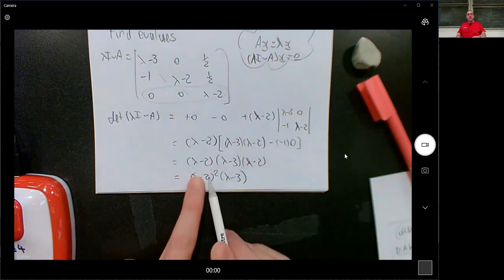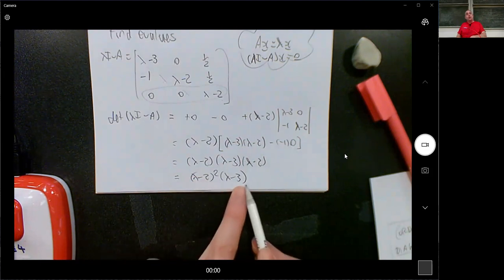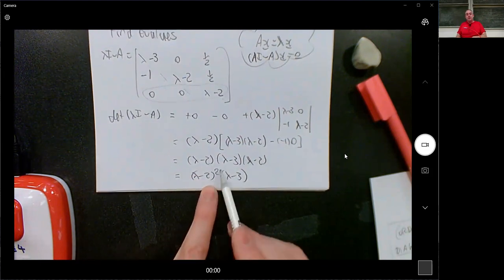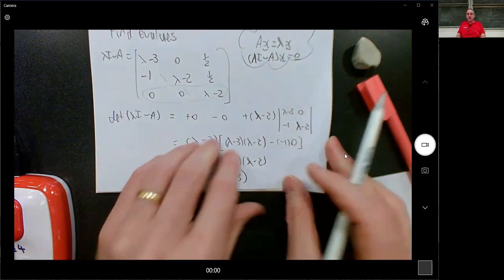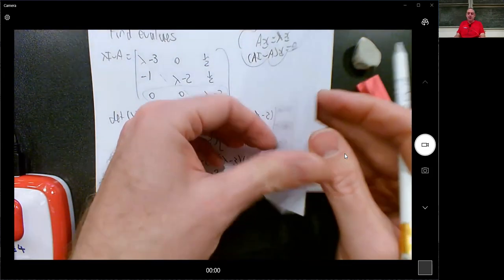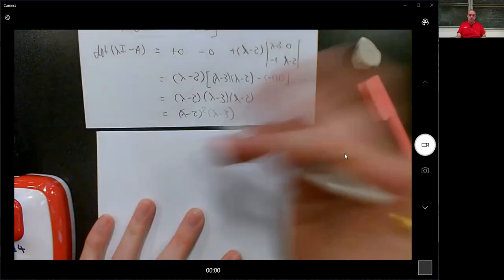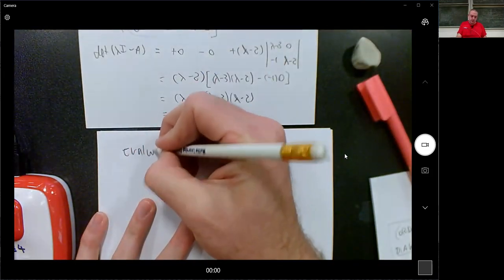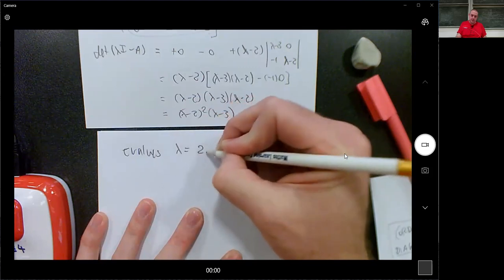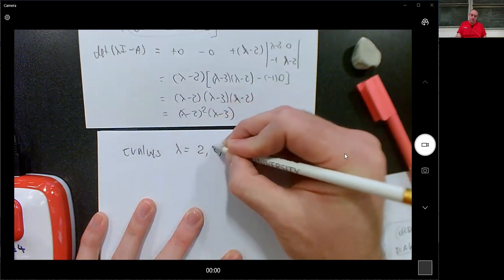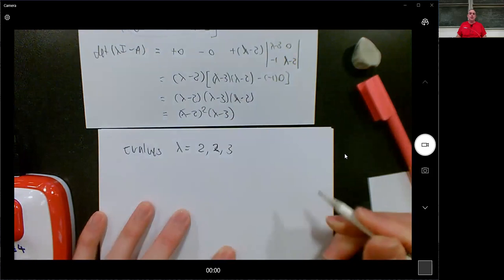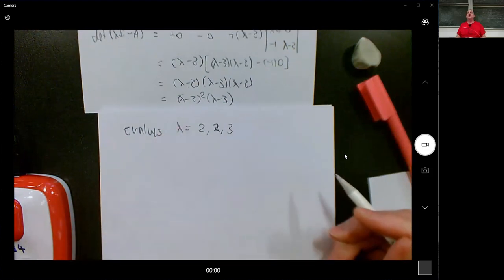Okay, so I've got the eigenvalue 2 and the eigenvalue 3, and the eigenvalue 2 appears twice because it's got 2 factors. So it's got multiplicity 2. So my eigenvalues are this. And just list it twice if it's there twice, just so that you know the multiplicity.